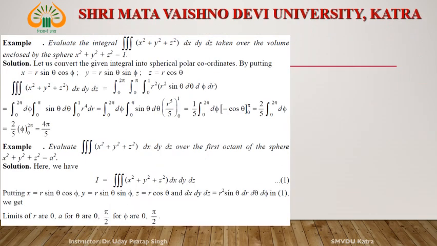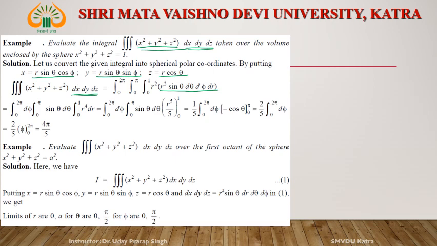Evaluate this integral, of x squared plus y squared plus z squared dx dy dz. Either you can use the Cartesian form or you convert it into spherical polar coordinates. In spherical polar coordinates, we know x is equal to r sin theta cos phi, y equal to r sin theta sin phi, z equal to r cos theta. Then dx dy dz is r squared sin theta d theta d phi dr. x squared plus y squared plus z squared equals r squared. What are the limits?